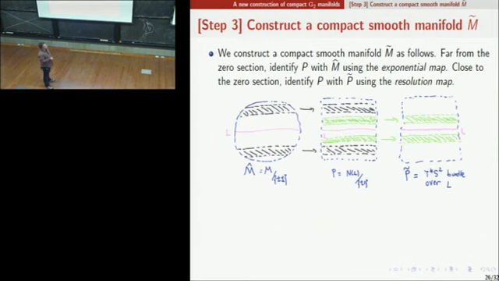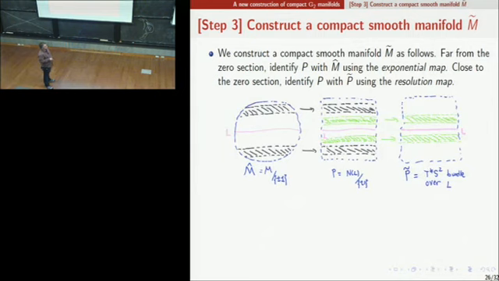So this is what I've been saying. You take an annulus in the orbifold far away from L, but not too far away, and you identify that with an annulus in the normal bundle over plus or minus 1, and then we identify closer still with another annulus. This is the resolution.